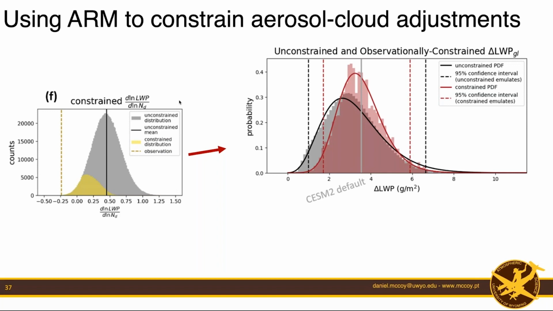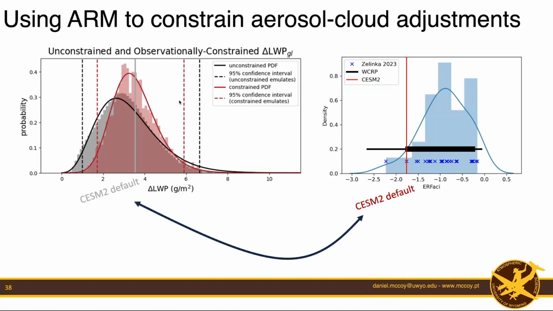The point I'd like to make is that even when you constrain to all these pretty negative or near zero slopes for liquid water path versus ND, you kind of constrain to the CESM2 default, which is inherently kind of interesting because what we'd expected just based on sort of model democracy is, if you look at the aerosol cooling term across CMIP6, CESM2 is actually an outlier from the models, but at least within what we've been able to do here, it's pretty consistent with ARM.